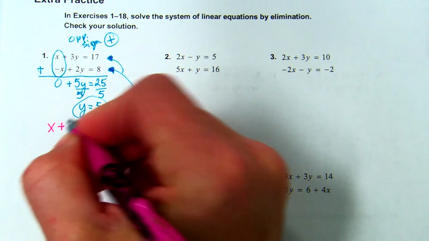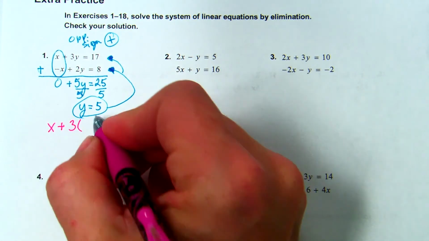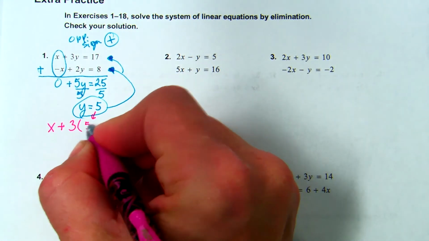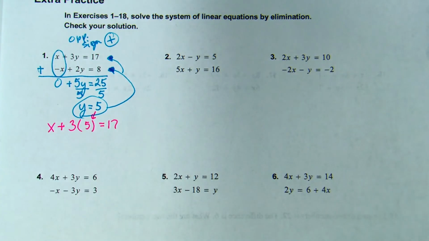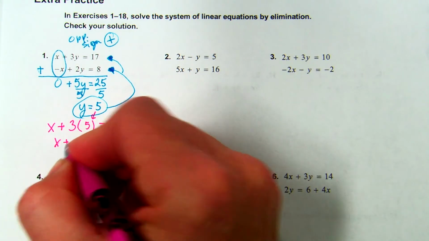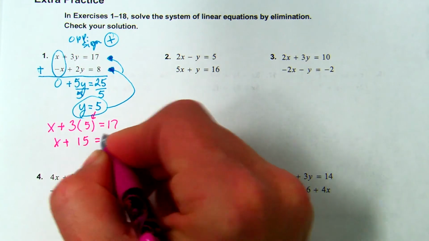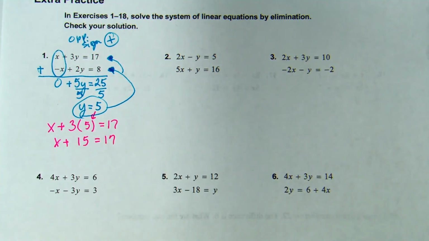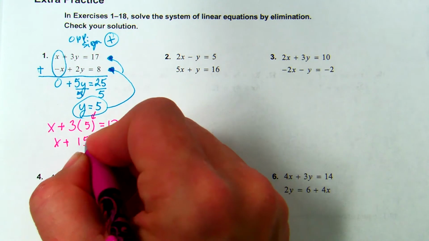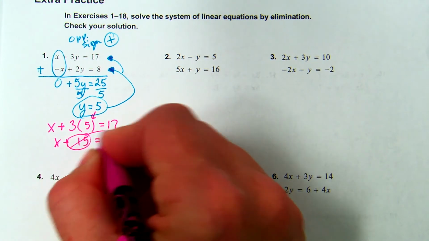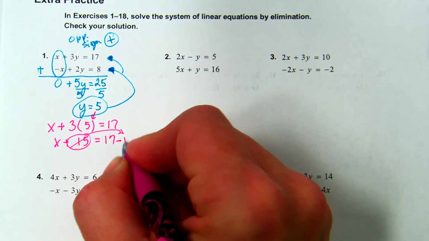X plus 3 times, what's the y value? 5 equals 17. Okay, so x plus 15 is going to equal 17. So I will subtract 15 from both sides, or I'll just move this positive 15 over here, which means I change the sign.